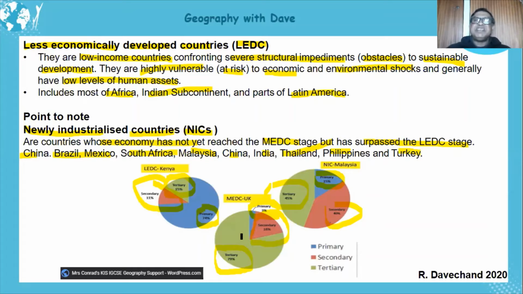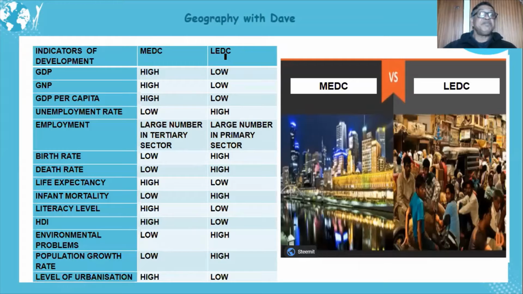So we have these three categories. We can't just roughly put them into LEDC and MEDC. We must know that there are countries that are moving forward, that are no more in the LEDC but are now NICs. Right, let's go on. Now, of course, our focus is going to be on MEDC and LEDC.